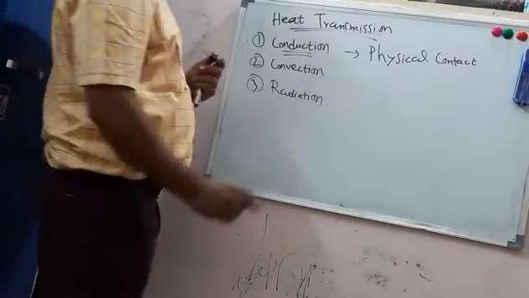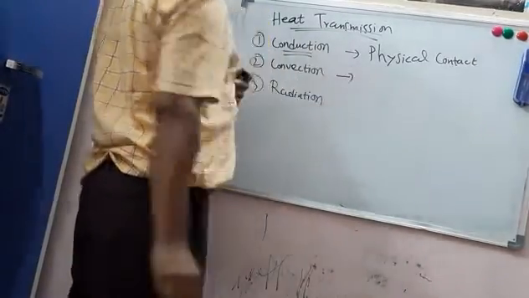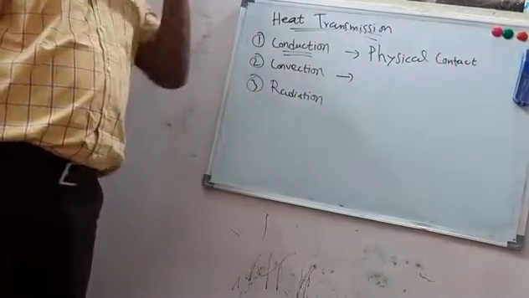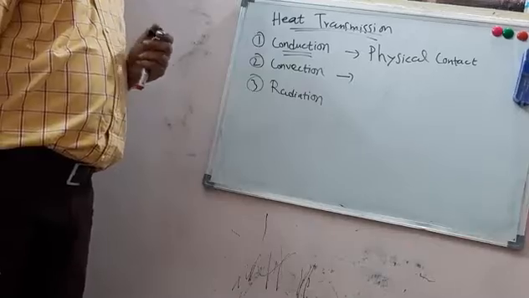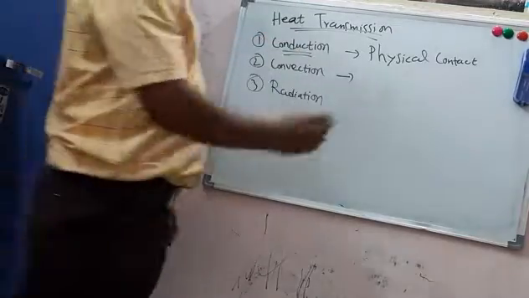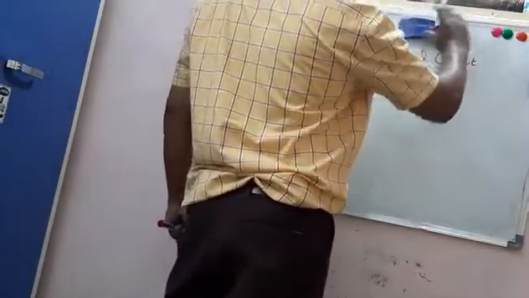In the case of convection, the convection current mostly occurs in fluids, whereas conduction occurs in fluids as well as solids.